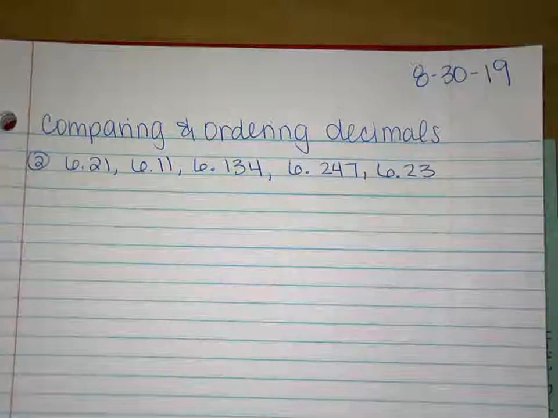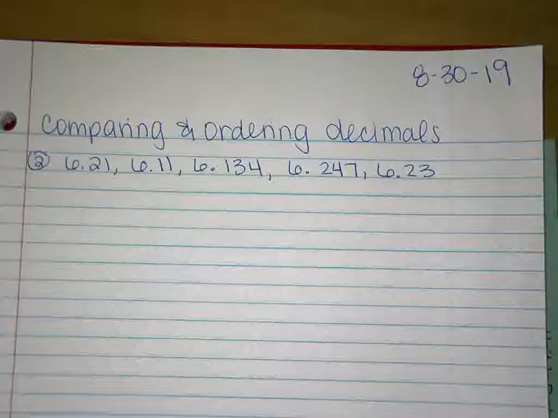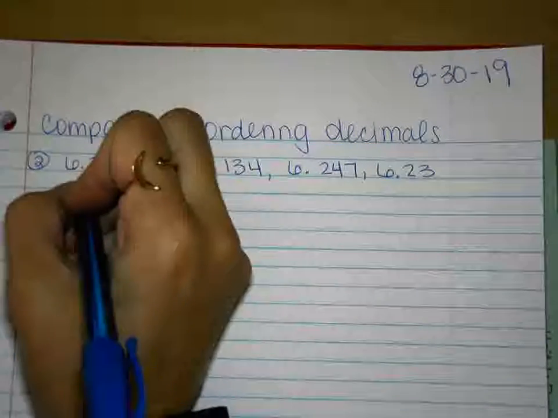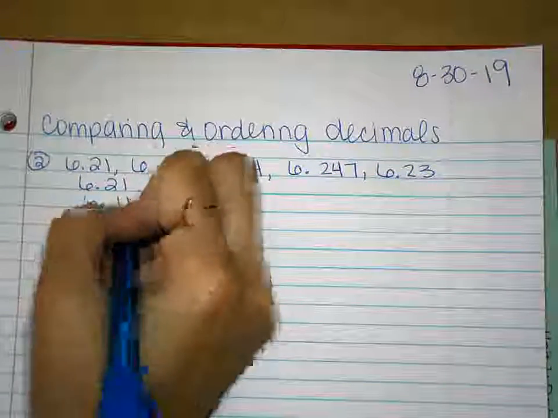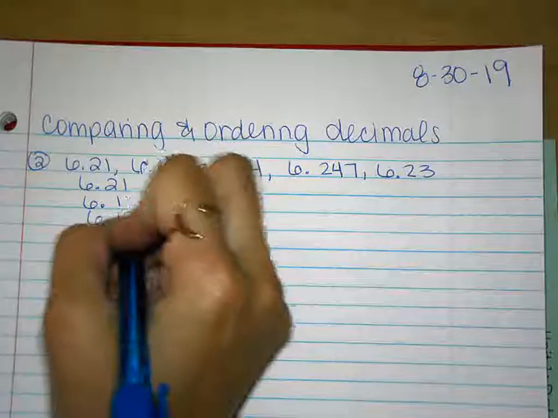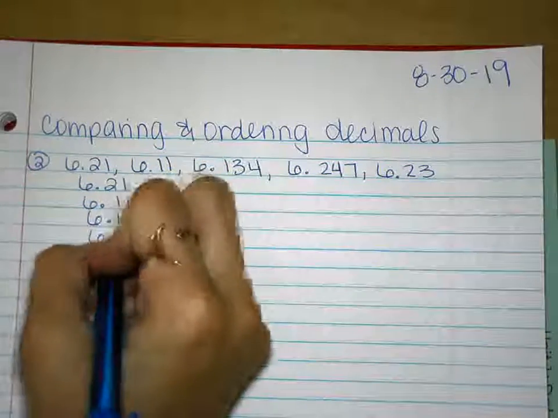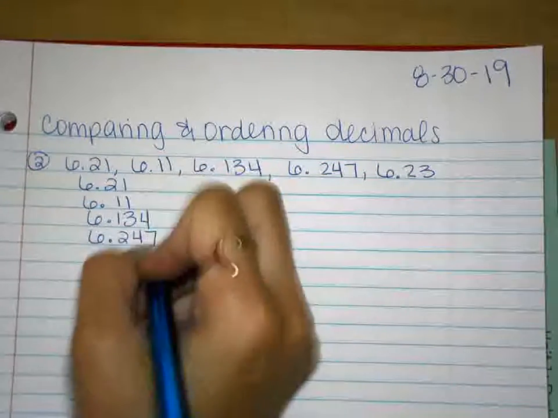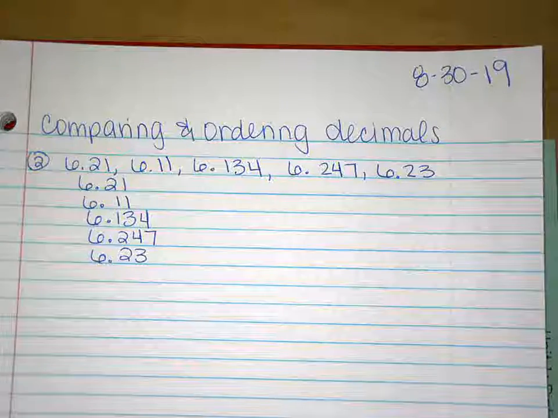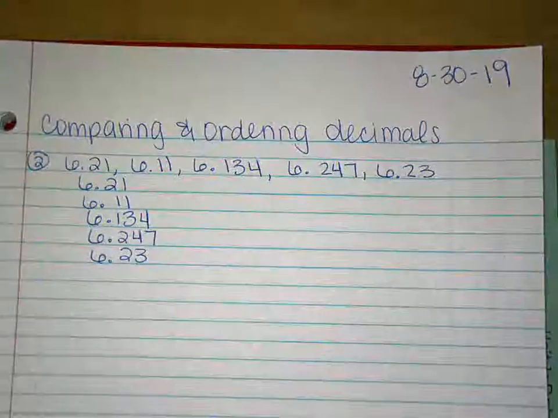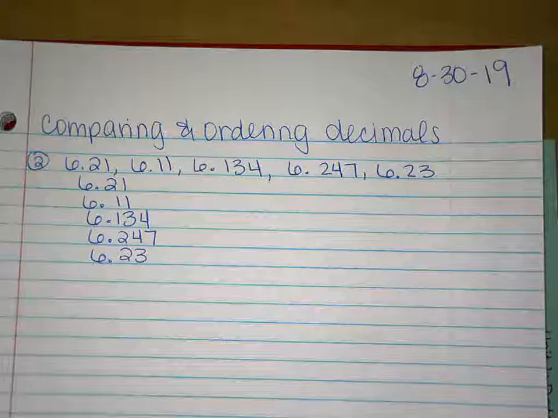So step number 1, line up your decimals. So take those numbers and write them going up and down. If you are a person that has a hard time staying organized, use lines to help split up your numbers.